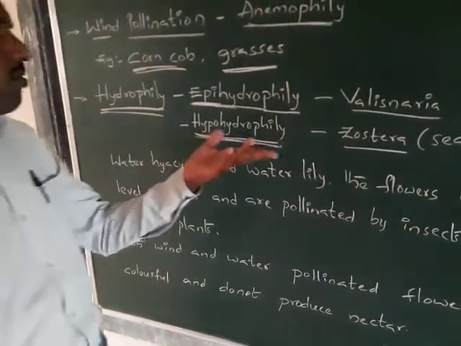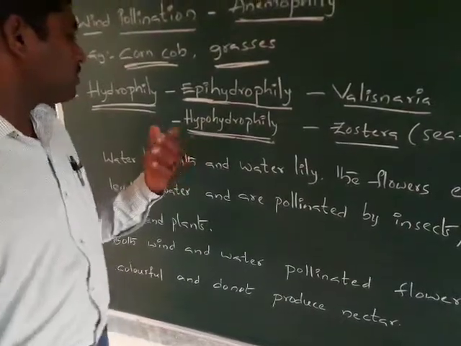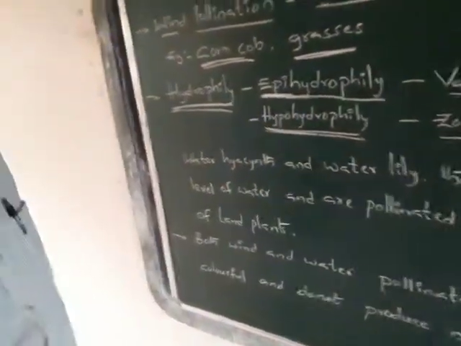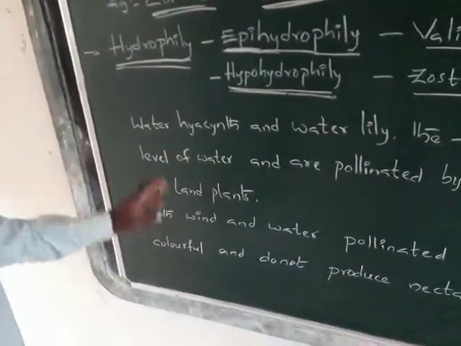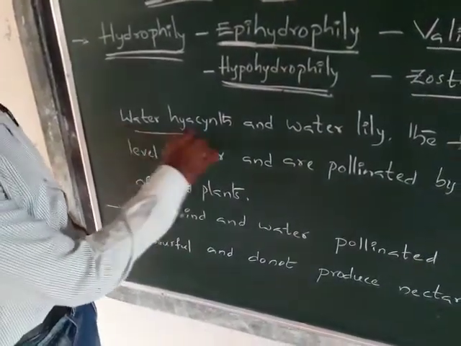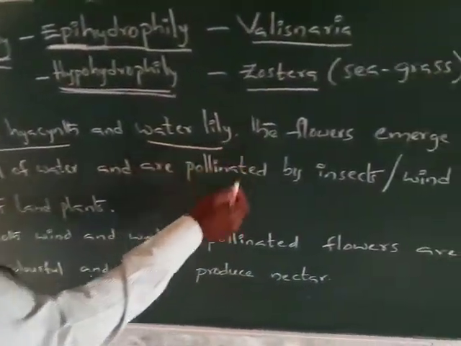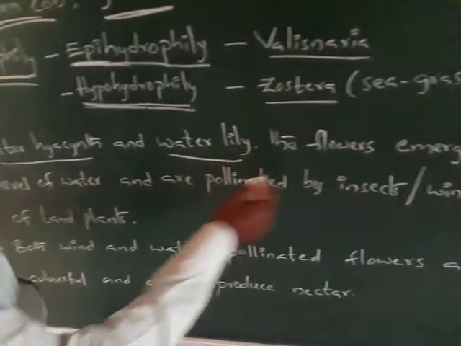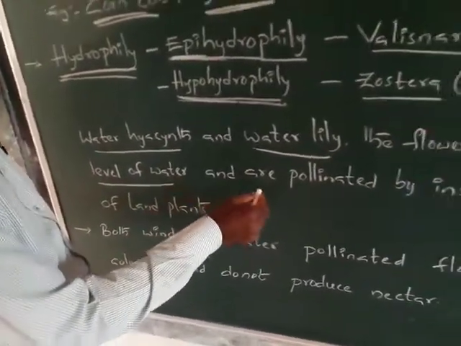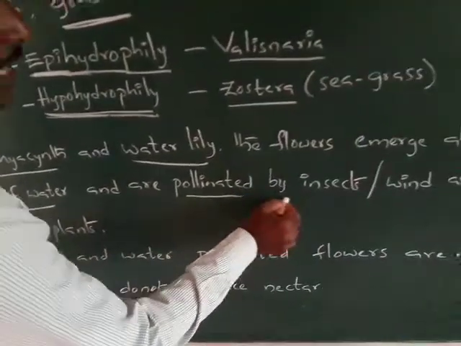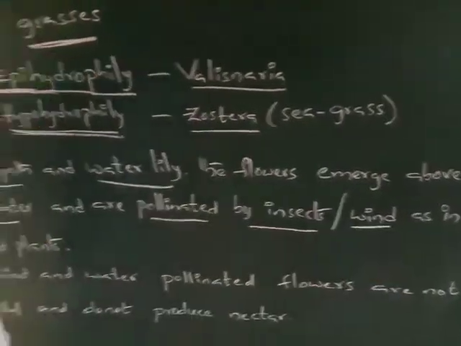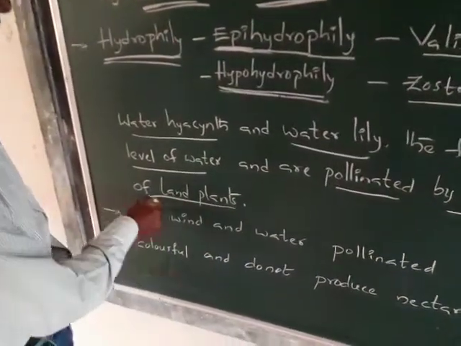Not all aquatic plants pollinate like this. In water hyacinth and water lily, the flowers emerge above the level of the water, and they are pollinated by insects or the wind, as in most land plants.